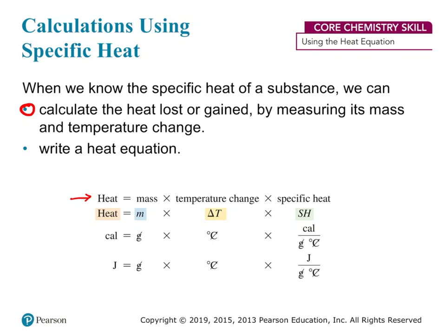If we want to calculate the heat lost or gained by a substance, we need the mass of the substance, the temperature change of the substance, and the specific heat value of the substance. The mass we can measure using a balance. So we'll just write balance here. The temperature change we can monitor with a thermometer. And then specific heat we would look up in a table.